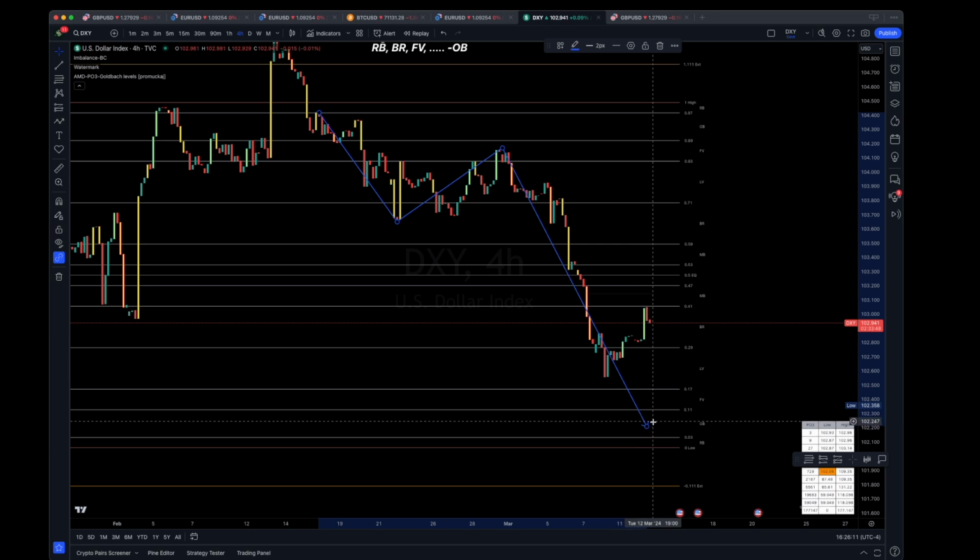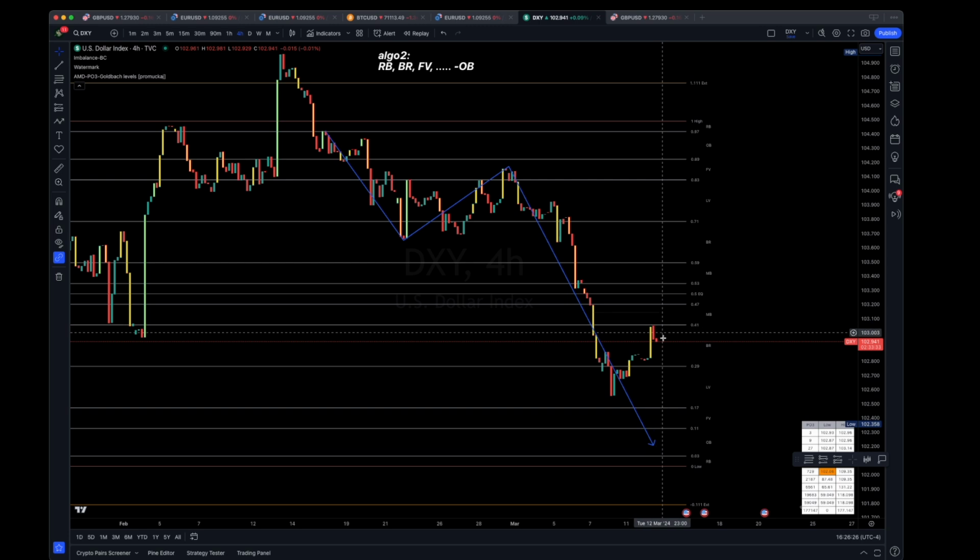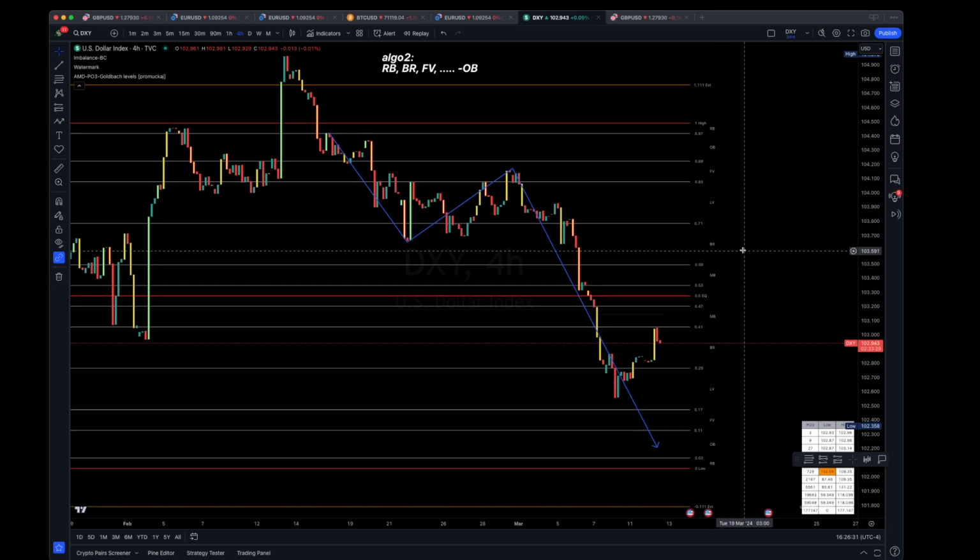That's where we're expecting algo 2 to terminate. We even have these two candles, just pure down close candles. There's your fair value gap in the fair value gap GB level, which we filled. So there's your bias, and that should help you with your trading.